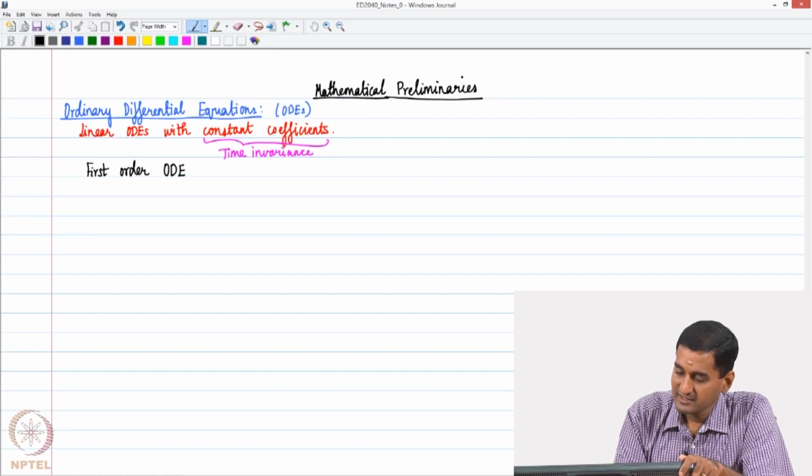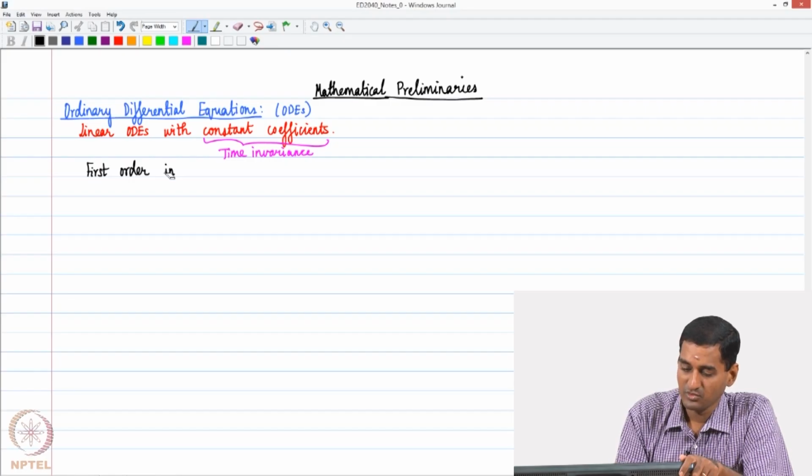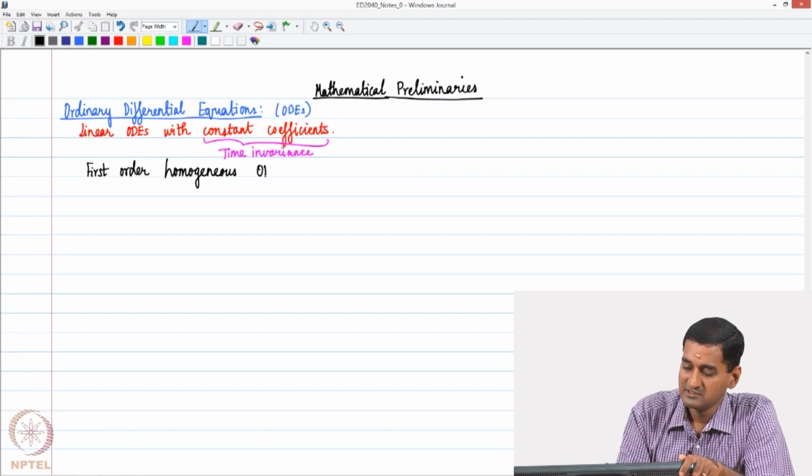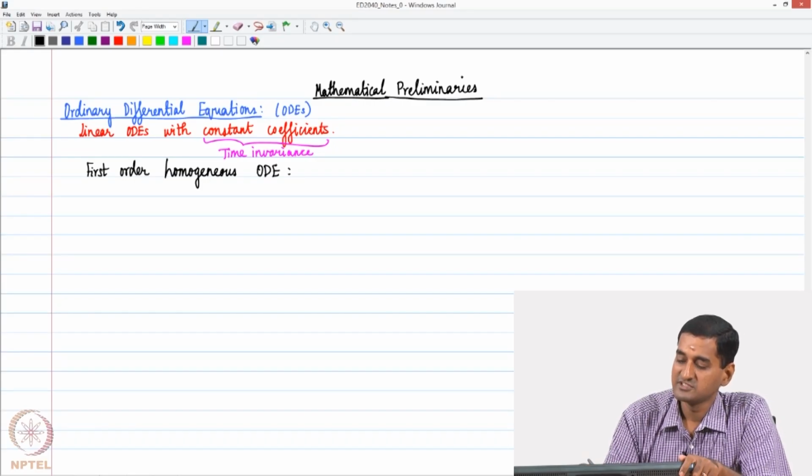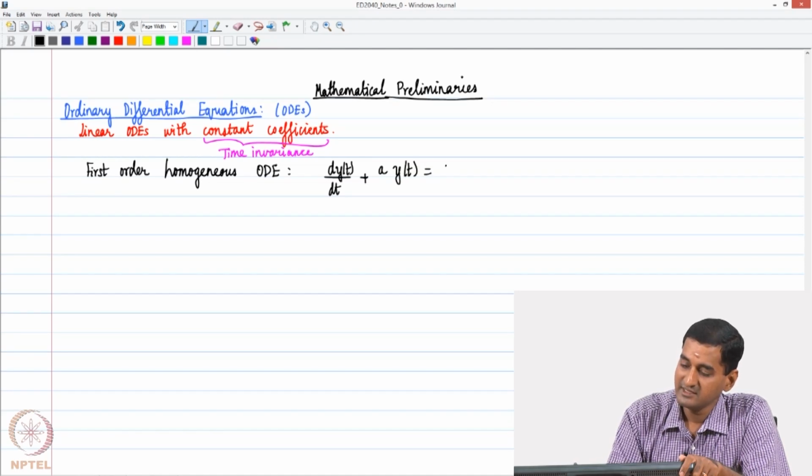So if we consider a first order homogeneous ODE of this form, let's say I consider dy/dt plus a y(t) equals 0.